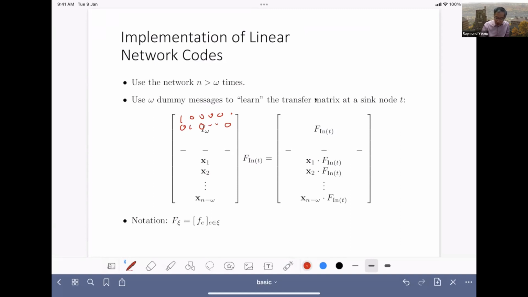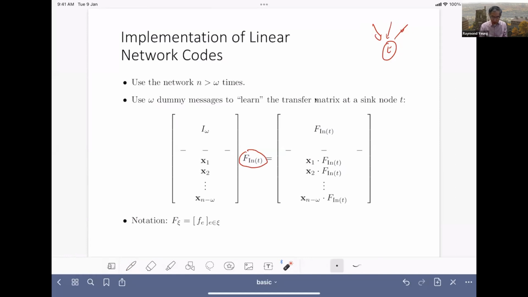Now with this being the identity matrix, when you multiply by the transfer matrix for the receiving node, so this F_in(t) is this. So there's t. F_in(t) is just the matrix formed by the global encoding vectors of these input channels.